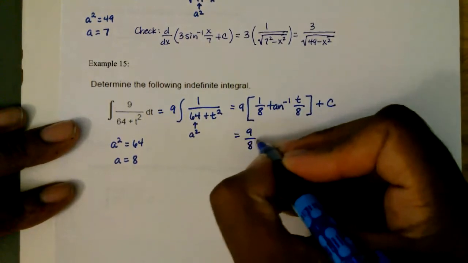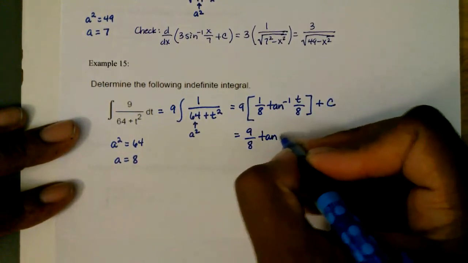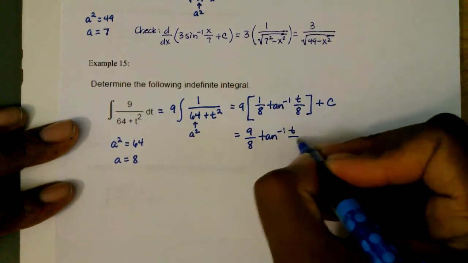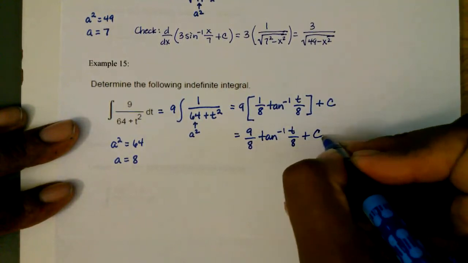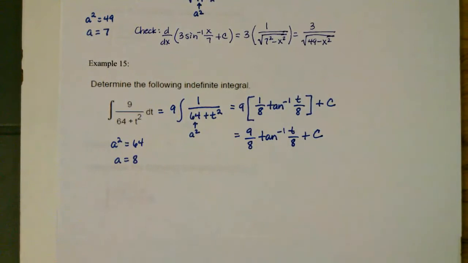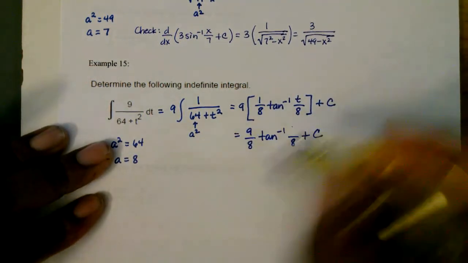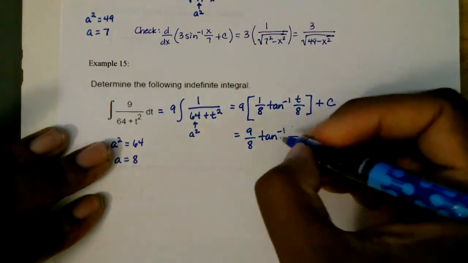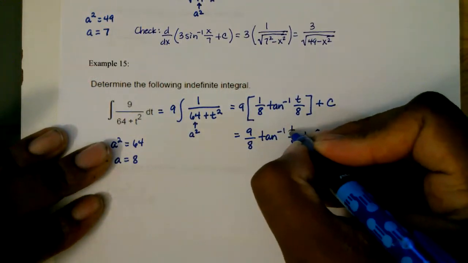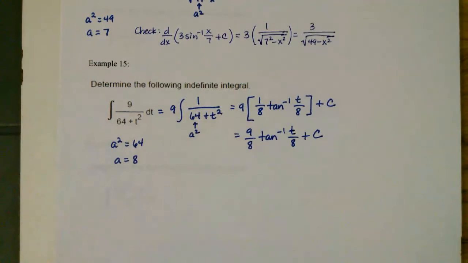So it'd be 9/8 times the inverse tangent of t over 8 plus c. And so that's example 15.